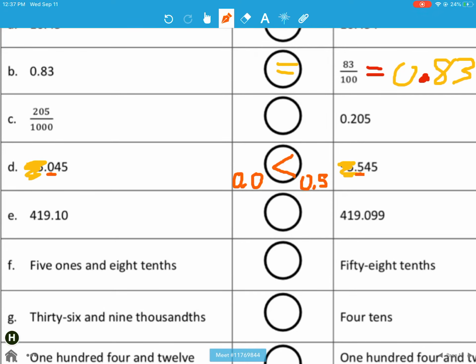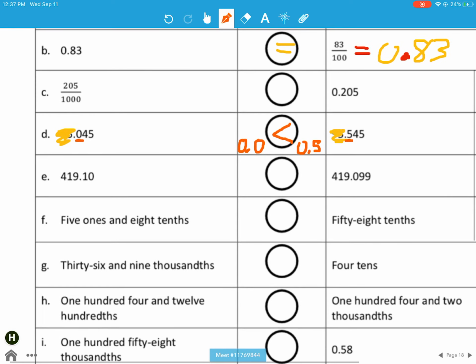All right, we're going to go down to F. There's 2 word problems. This is building on what we did yesterday. So 5 ones, and the word and means decimal. 8 tenths. Tenths has 2 numbers, so my 8 needs to go and then a 0.